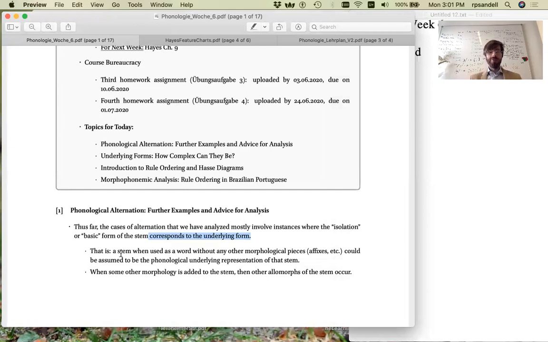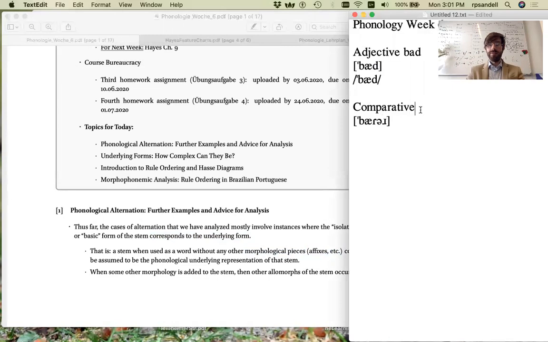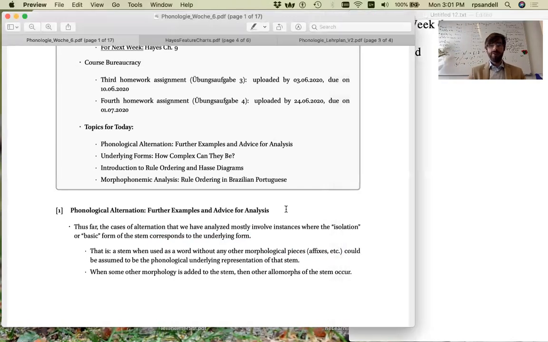So in the cases that we've encountered so far, when we see a word without any other morphological pieces, without any suffixes, we can take it as the underlying form. I believe in last week's lecture we saw this comparative adjective suffix in English.